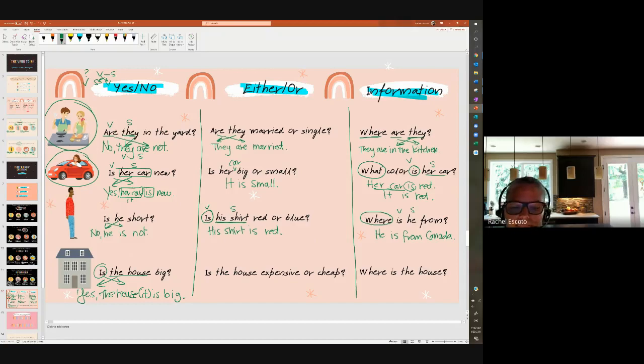How about this one? Is the house expensive or cheap? Either or. It is expensive. Either or, we pick this one. And it says, where is the house? Remember, my verb is here, my subject is here. I have to switch them around. The house is in Everett.